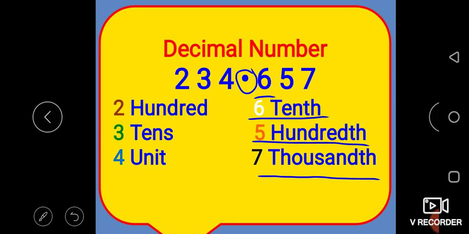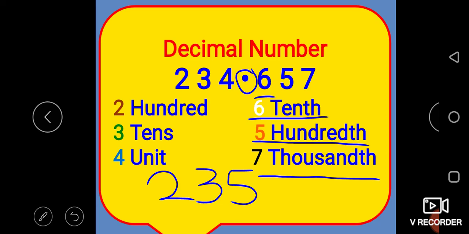Is the 6 up to half? Yes, that means it will affect the whole number by borrowing 1 to add to the unit value, which is 4, and 4 will become 5. Thus, this particular number to the nearest whole number is 235. Do we understand? But if the tenth value is less than half, it will not affect the whole number.